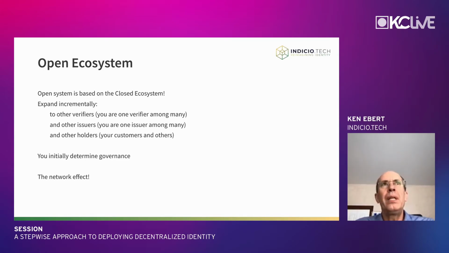One of the things that, if you base your initial system on a closed ecosystem, you'll determine the initial governance. As the system grows and becomes more open, you'll need to include other people, perhaps, in the determination of the rules for governance. The more people you put into your pool to discuss and determine governance, the slower the process will be.